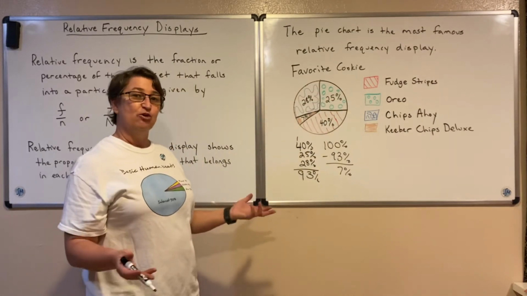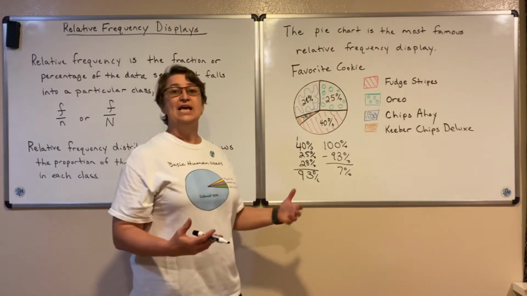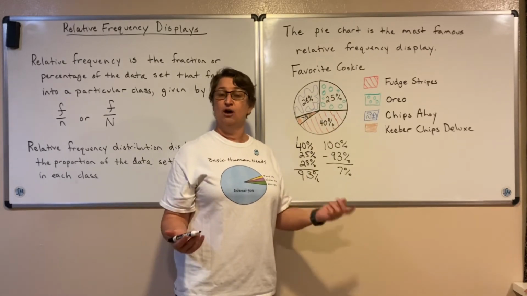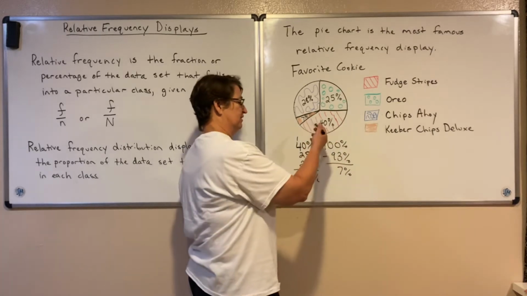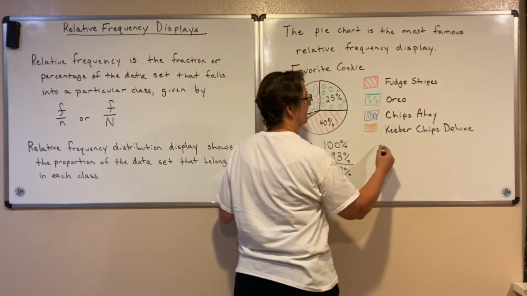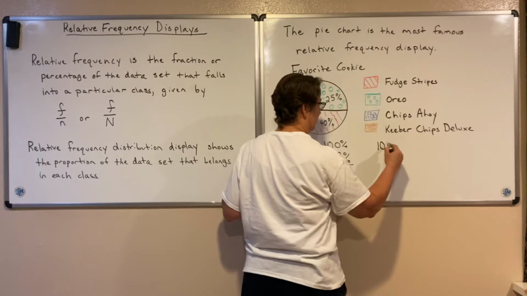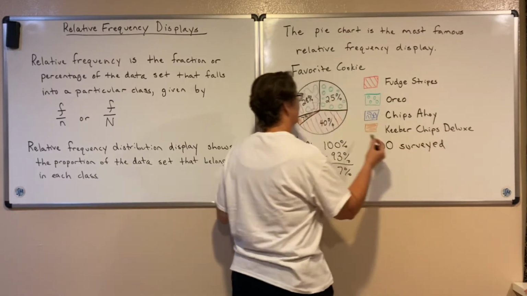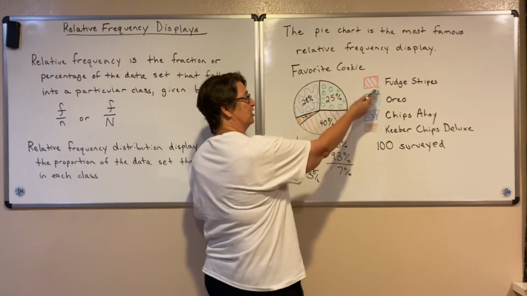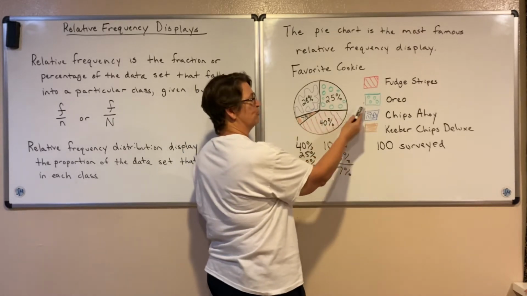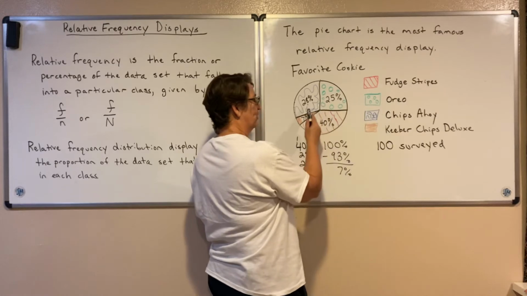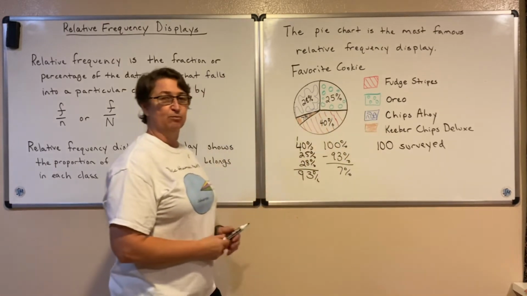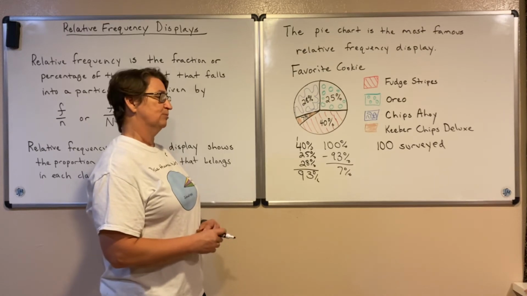Then I can figure out how many people answered in each category, if I know the total number of people that were surveyed. So for instance, if my sample size is 100, if 100 people were surveyed, then I know that 40 people said fudge stripe, 25 people said Oreo, 28 people said Chips Ahoy, and 7 people said Keebler's Chips Deluxe.